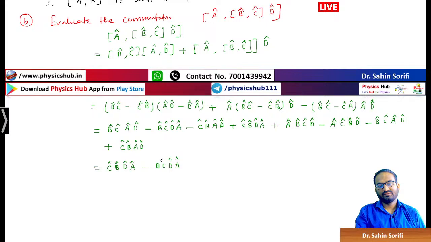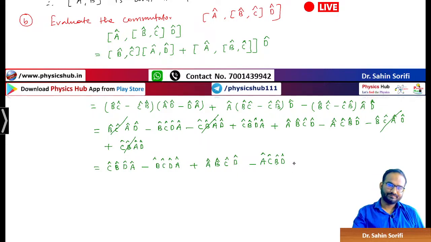So we have written this term, CBDA, plus ABCD. You see, this CBAD is also cancelling, BCDA is also cancelling. So CBDA minus BCDA plus ABCD minus ACBD. I think this is the answer.